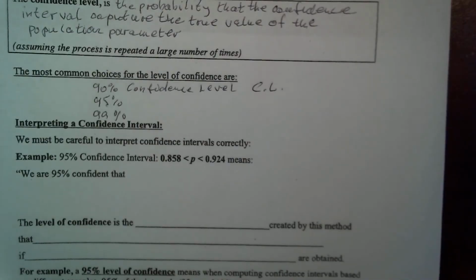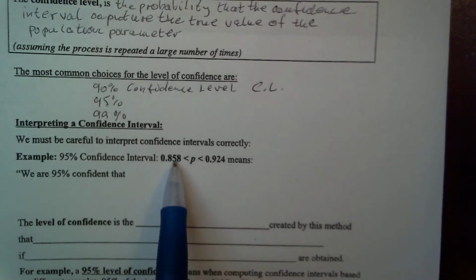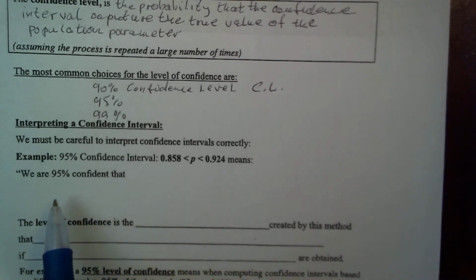Now, interpreting a confidence interval, we must be very careful to interpret it correctly. For example, let's say the 95% confidence interval for the population parameter p is between 0.858 and 0.924.